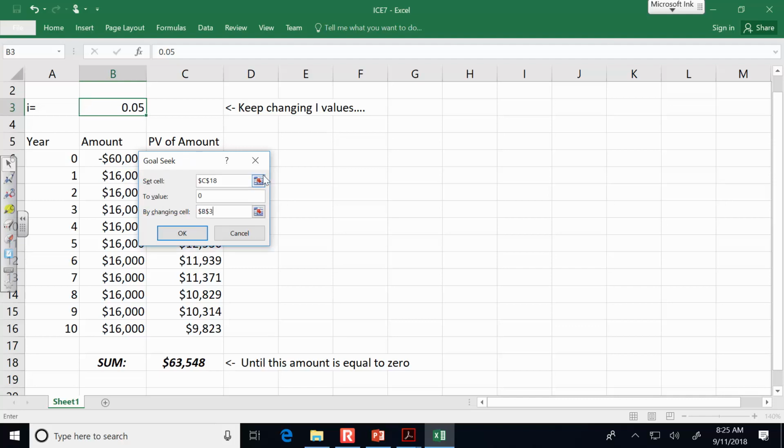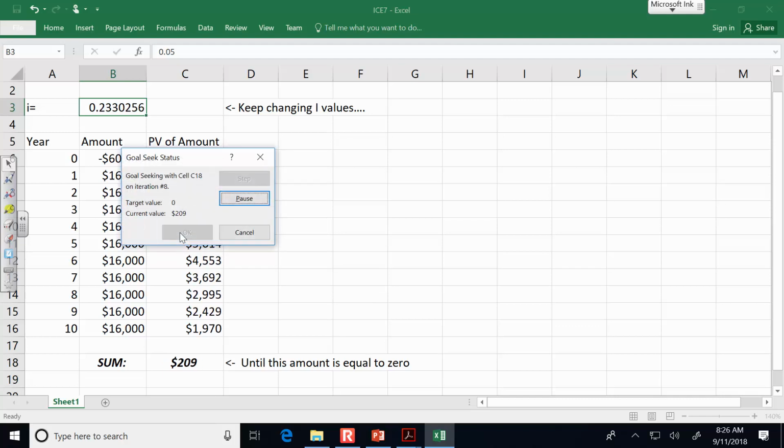So set the sum to 0 by changing the interest rate. That's what we've been doing manually. Click OK, and in about half a second, it'll try a bunch of little possibilities for the interest rate, and it will find which one of those interest rate possibilities gives us a 0 sum.